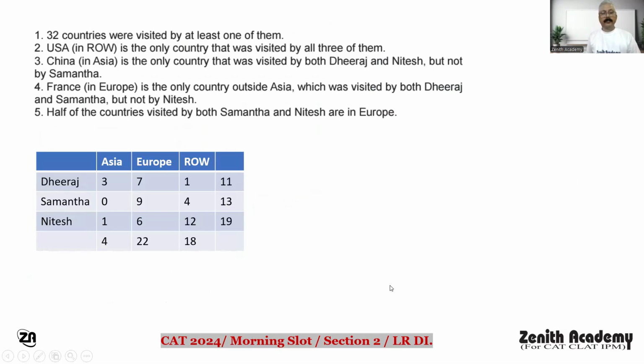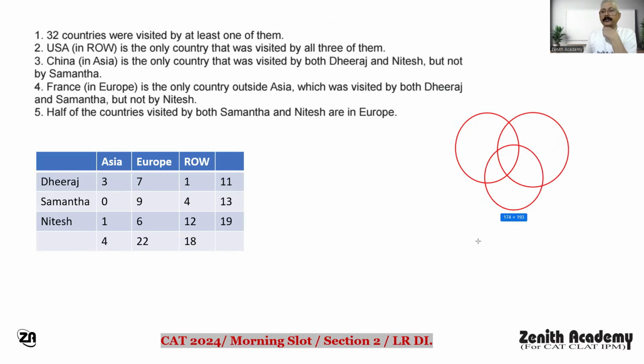Look here. 32 countries visited by at least one of them. Suppose this is Dheeraj and Samantha and Nitesh.